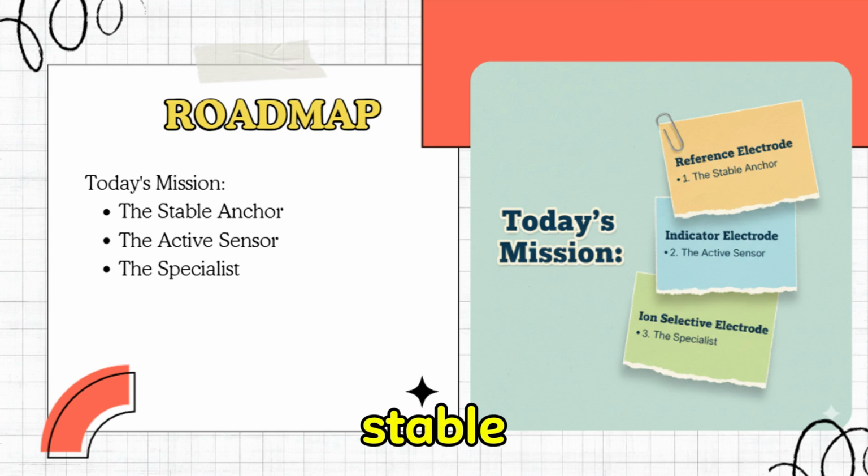First, the stable anchor, the reference electrode, specifically the Saturated Calomel Electrode. Second, the active sensor, the indicator electrode, focusing on the famous glass electrode used for pH. And finally, the specialist, the ion selective electrode. By the end, you'll understand exactly how a pH meter works.